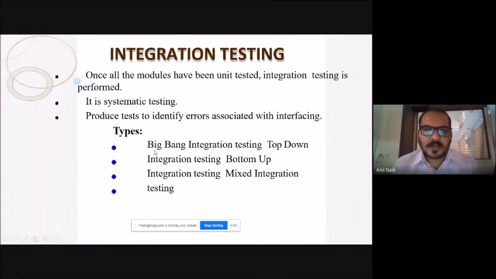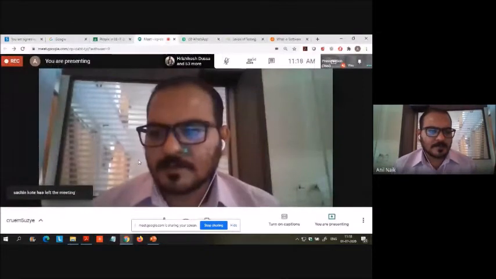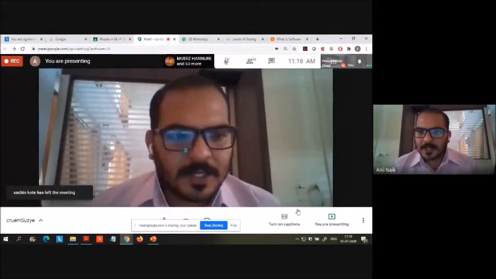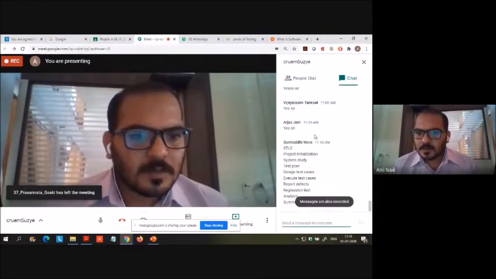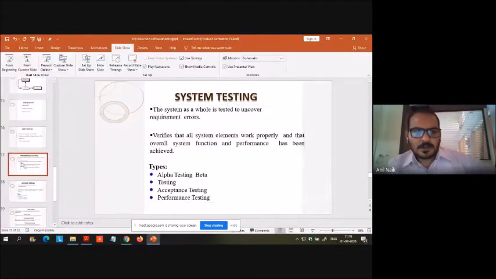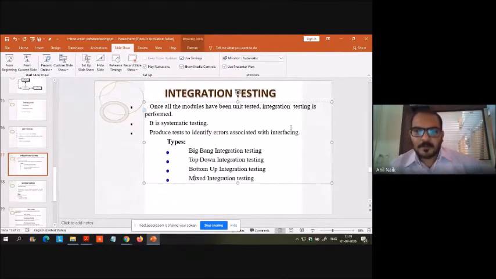There are different types of integration testing: big bang integration testing, top down integration testing, bottom up integration testing, and mixed integration testing.